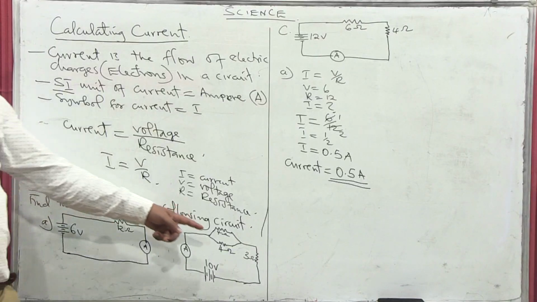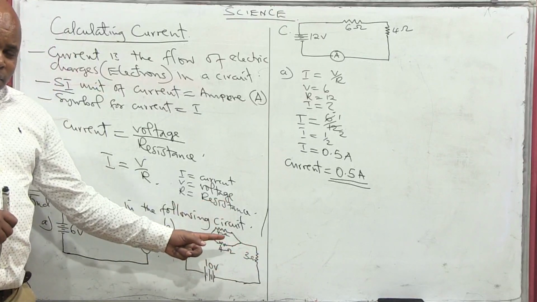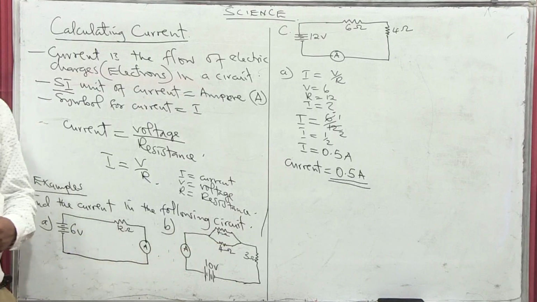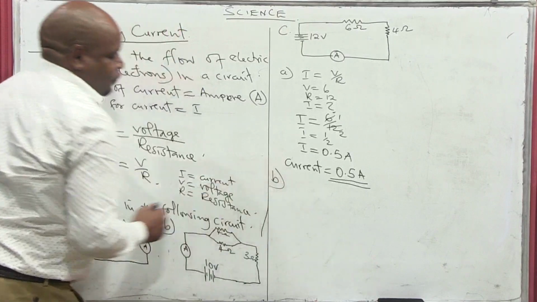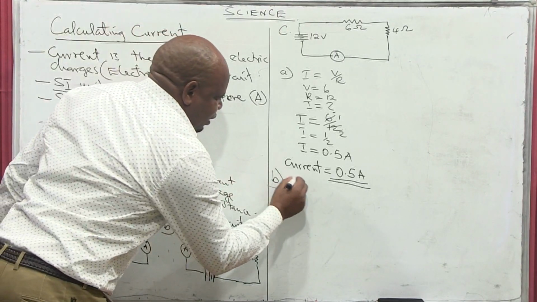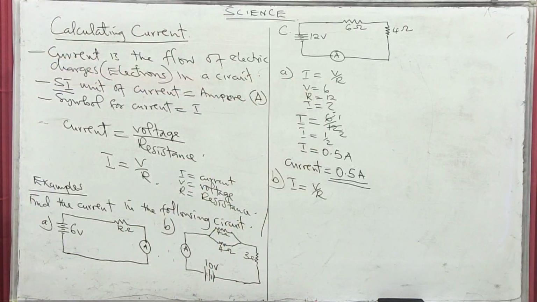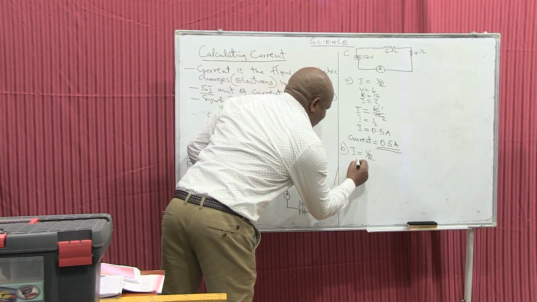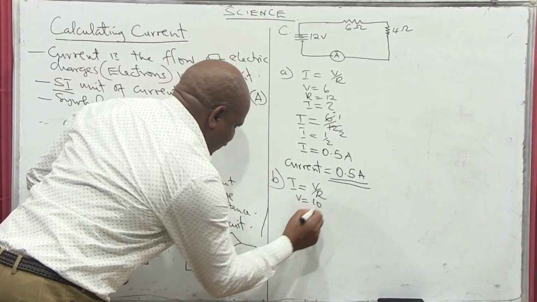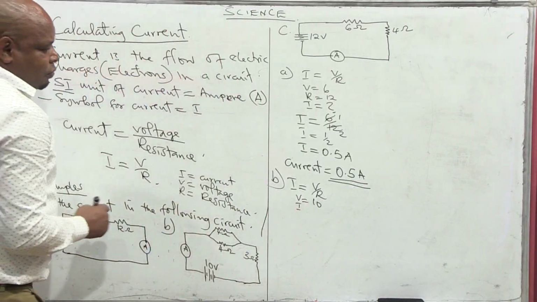So, first of all here, we are supposed to get the total value of the resistance. The formula is I is equal to V over R. That is the formula. We have been given V is equal to 10. I, we don't know.